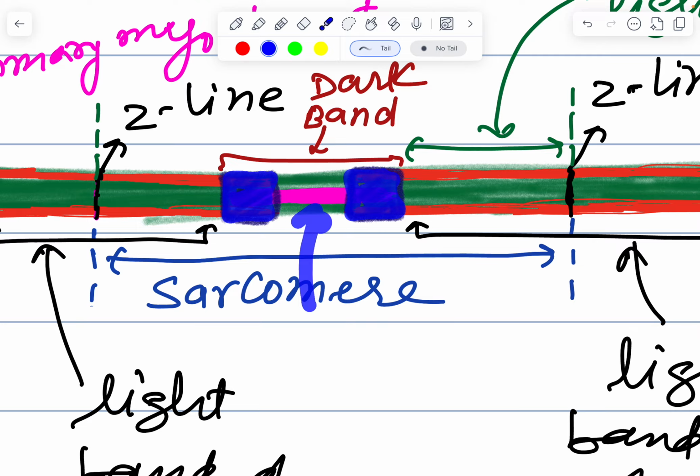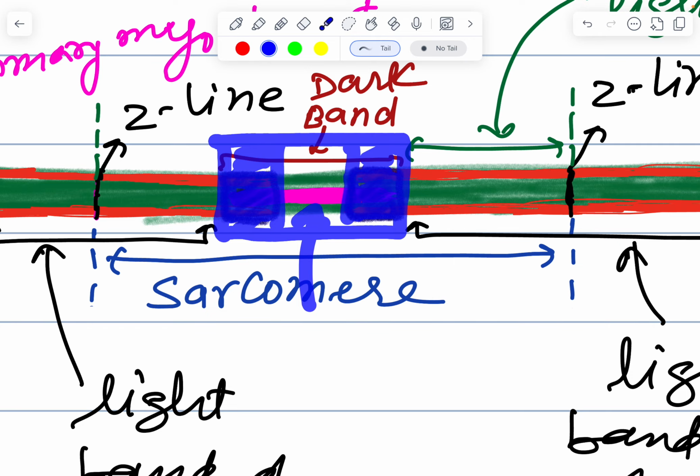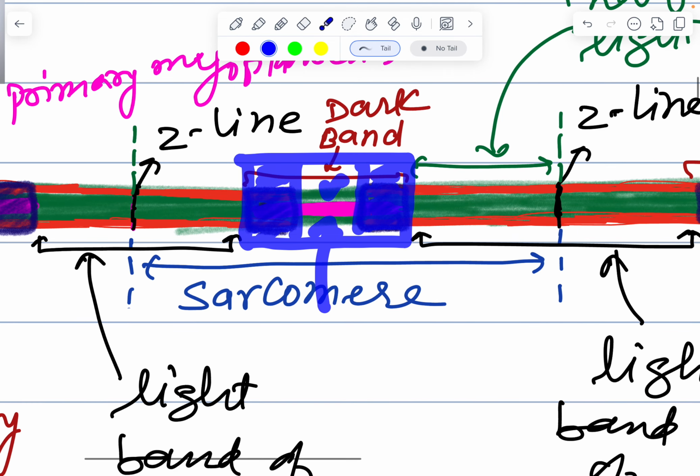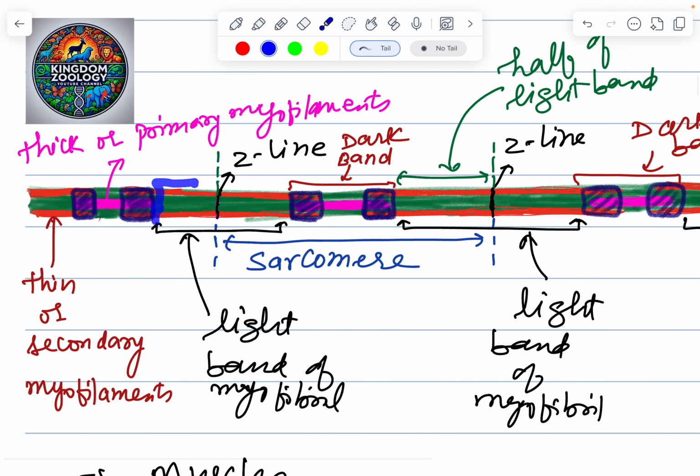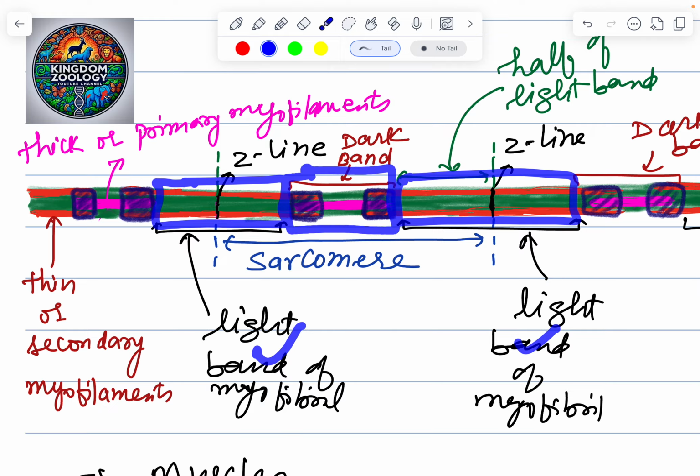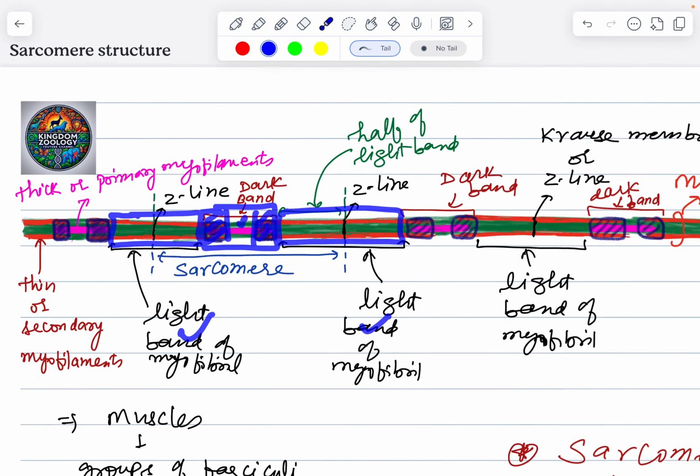Over here only primary myofilament is there. So in the dark band, these two parts will be extra dark, while this area will be a bit lighter. That's why dark band is called anisotropic, that is non-uniform dark band. Light band is isotropic, completely light. Dark band is anisotropic. Some areas are extra dark, some area is a bit lighter.